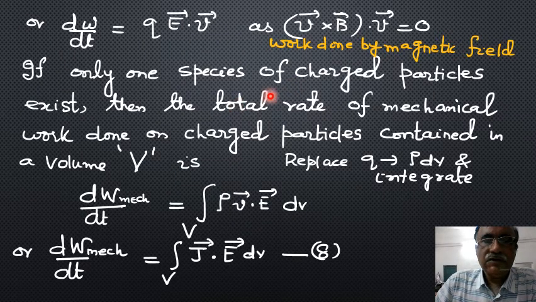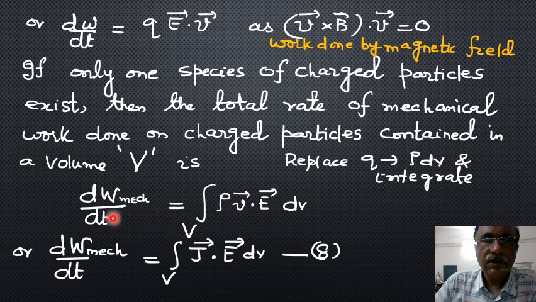If only one species of charged particles is present, then to calculate the total rate of mechanical work done on the charged particles contained in a volume V, first of all we will have to replace q by rho dV, where rho is the charge density, and then integrate over the entire volume.